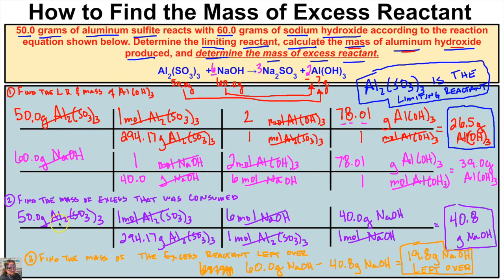We used the initial quantity of our limiting reactant, which we found in step 1, to determine the mass of the excess reactant that was consumed. The excess reactant is sodium hydroxide. And then last but not least, we subtracted the amount of the excess reactant that was consumed from the initial mass or amount of the excess reactant, and that gave us 19.8 grams of sodium hydroxide in excess or left over.